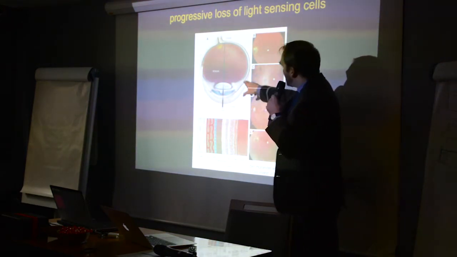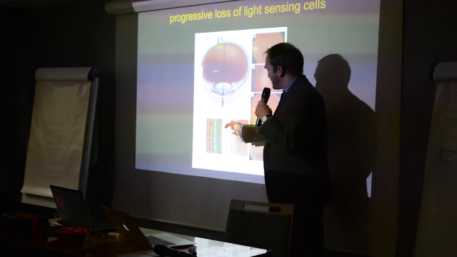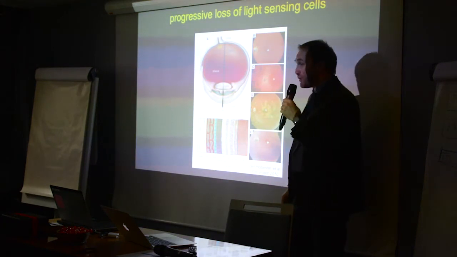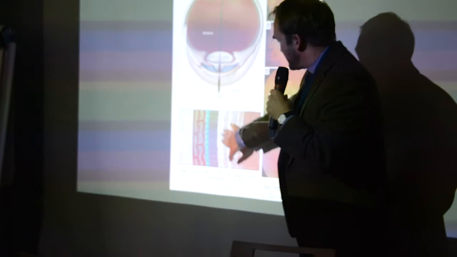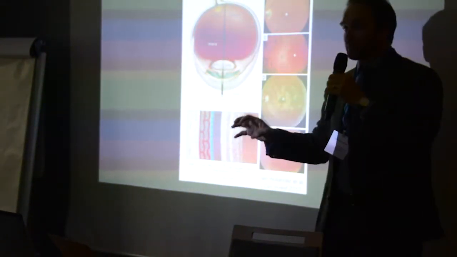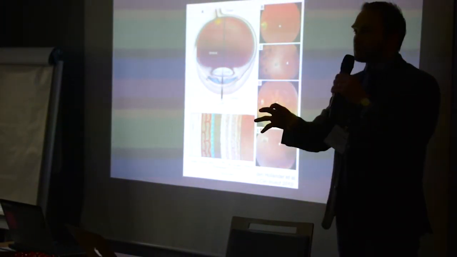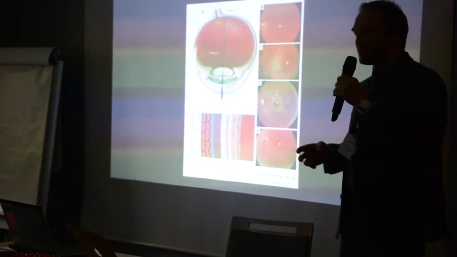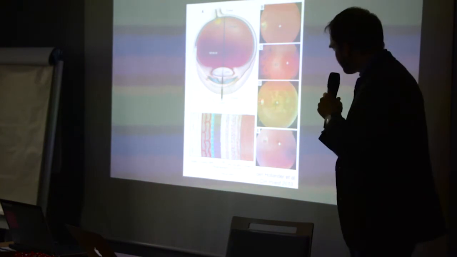Now, this light sensing tissue is called retina, and the retina has different layers of cells, and the most important bit, or the other you can forget about at the moment, are these cells. Those are the photoreceptors. Those are specialized neurons, rods and cones, that detect the photons coming from the environment and transfer that into electric potential to move into the brain so you can perceive an image.